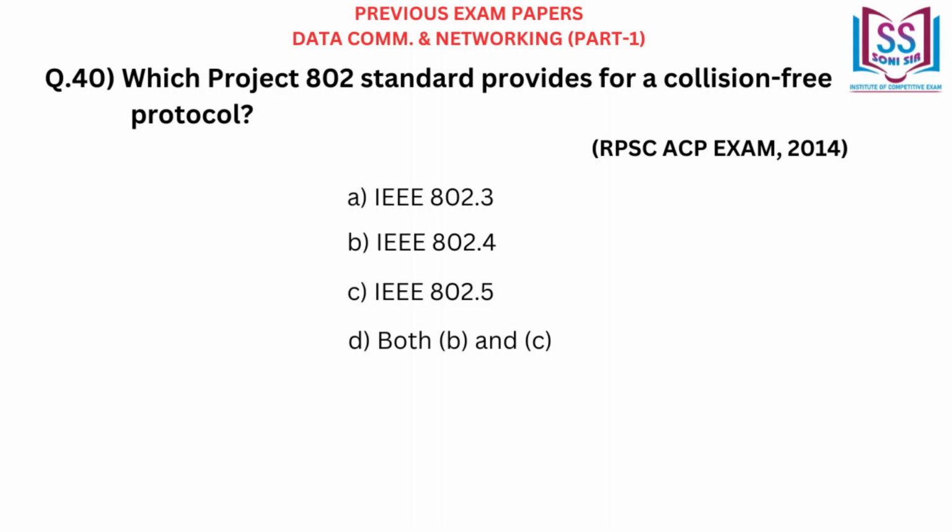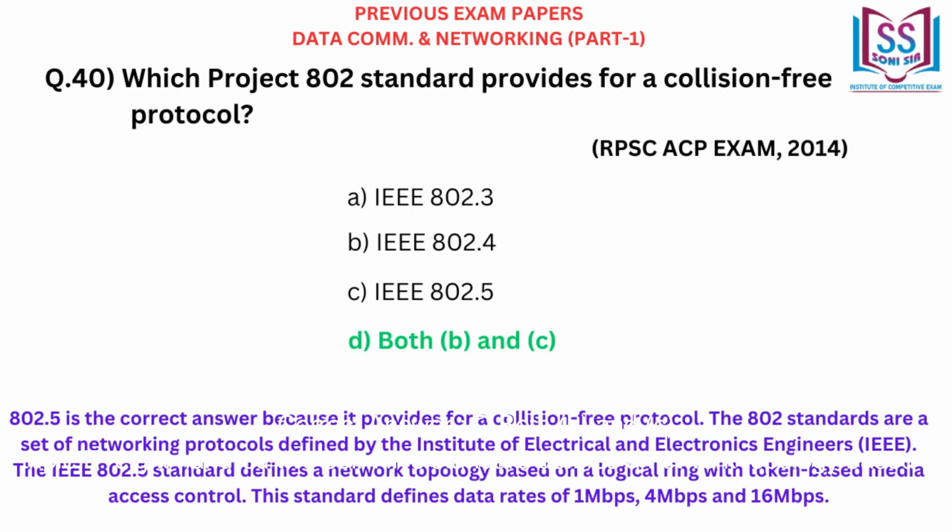Which Project 802 standard provides for a collision-free protocol? A. IEEE 802.3. B. IEEE 802.4. C. IEEE 802.5. D. Both B and C. Correct answer D. Both B and C. The 802 standards are a set of networking protocols defined by the Institute of Electrical and Electronics Engineers.